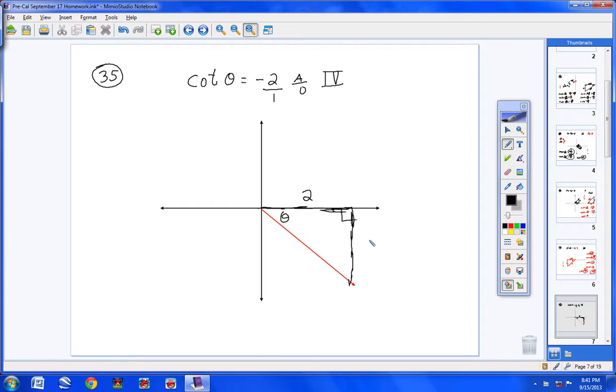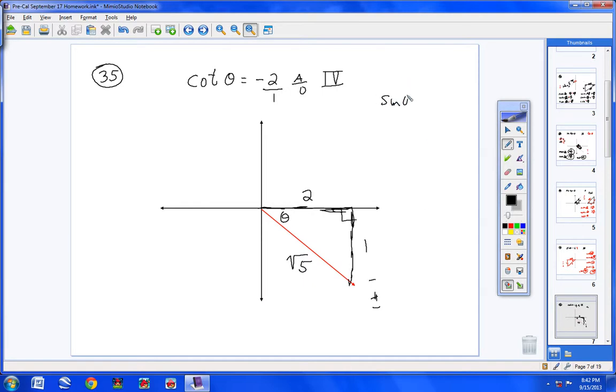My opposite side would have to be 1. Do you see that? Opposite side, adjacent side. So my hypotenuse would have to be square root of 5. If you use Pythagorean's theorem, square the legs, add them together, take the square root, you will get the square root of 5. So there's the triangle that I need. I already know what cotangent is, so we're ready to get started. Oh, don't forget about your signs over here. It'd be negative, positive, negative.